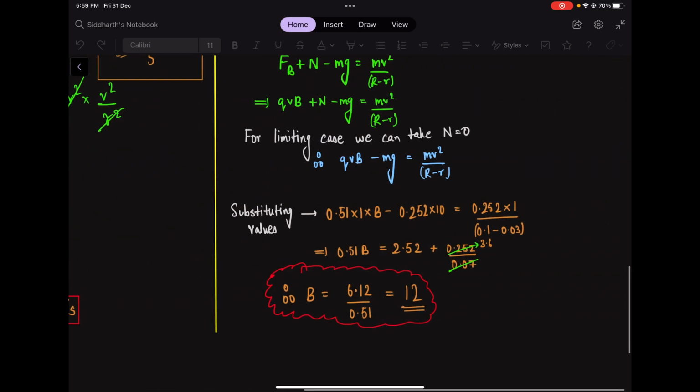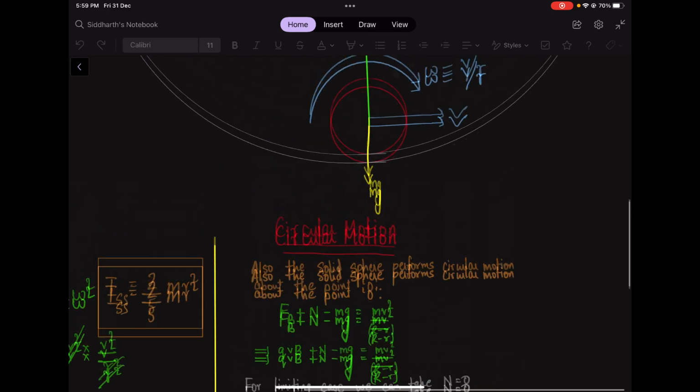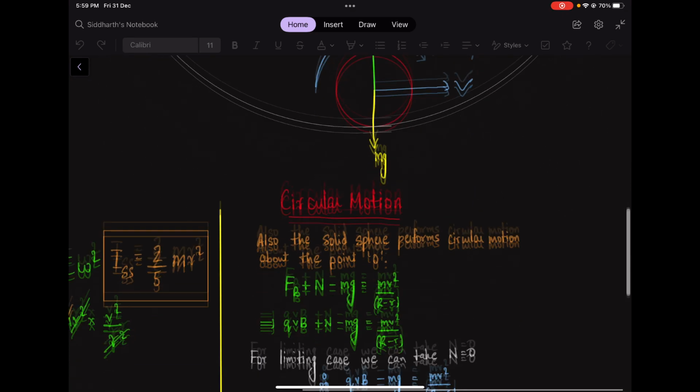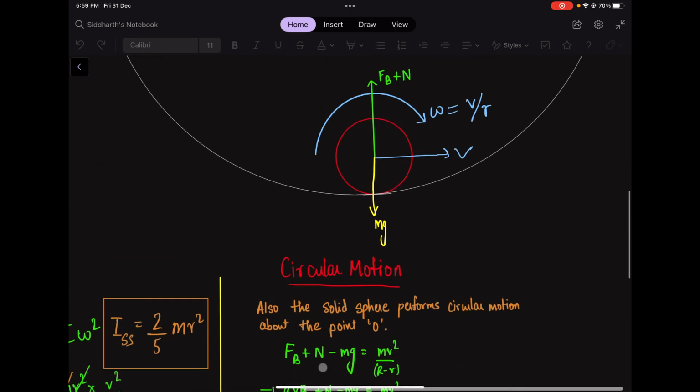Now, when we apply circular motion, because the sphere is in circular motion in the hemisphere about the point O, FB plus N upwards minus mg downwards is equal to mv square divided by (R minus r).